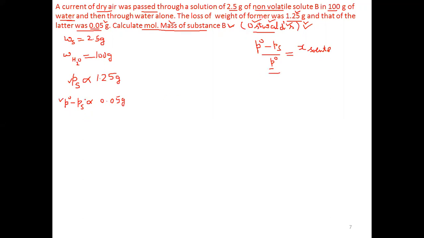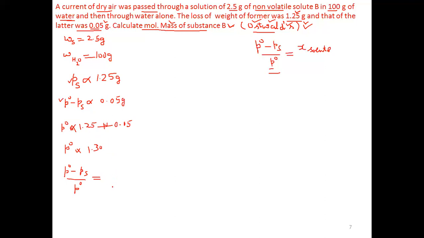We can easily calculate P naught by adding these two. So P naught will be proportional to 1.25 plus 0.05, which is 1.30. So we can write P naught minus PS by P naught. Now we can say equal to, because the constant of proportionality will get cancelled when we divide these two.